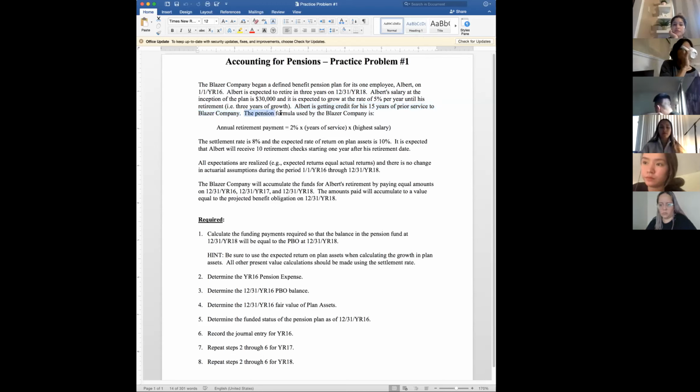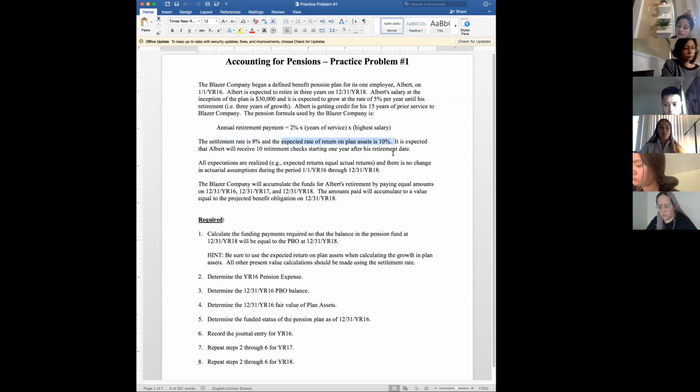The pension formula used by the company is like this: 2% multiplied by number of years of service and then highest salary. The settlement rate is 8%, so when we discount the future cash flows, we will use this settlement rate 8%. And also when we calculate interest expense or interest cost, we will use this settlement rate of 8%. Expected rate of return on plan asset is 10%.